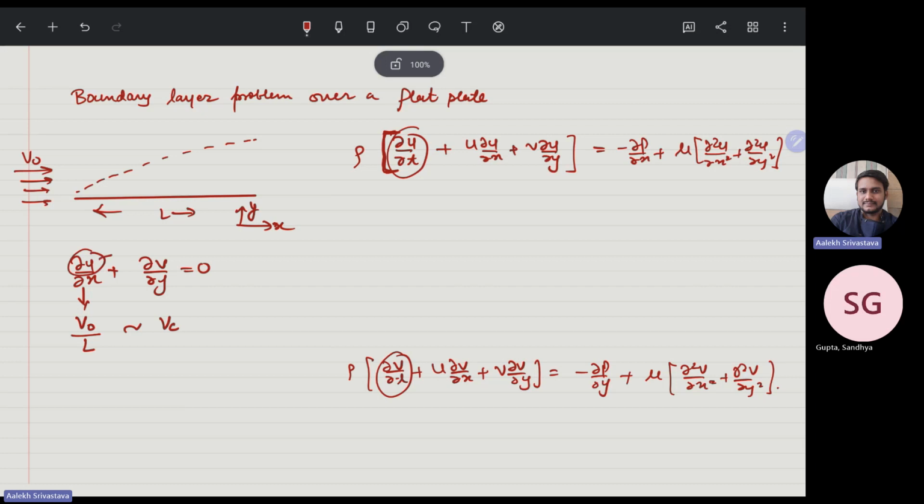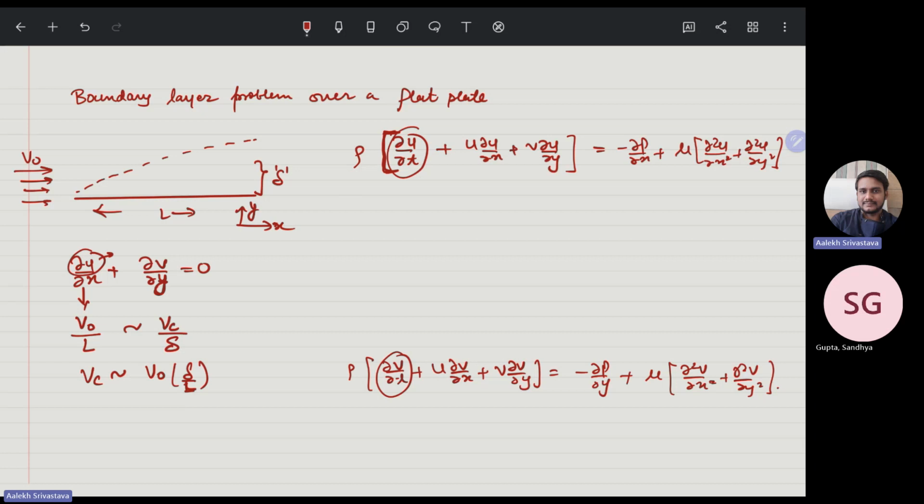For u we know it is in the x direction, so v0 is the characteristic velocity. But for v we don't know the characteristic velocity, and for y we don't know the length either. So it is some length delta. So vc is v0 into delta by L.